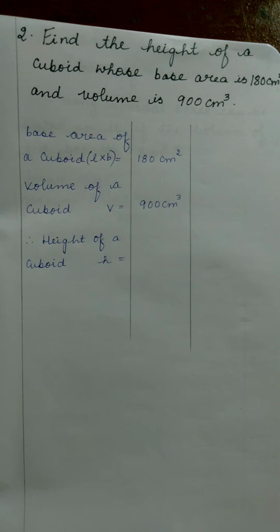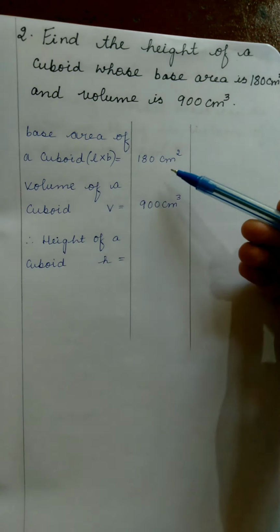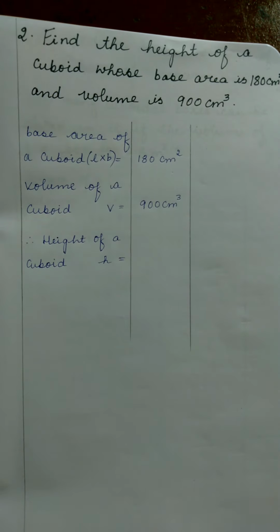We know that a cuboid has a rectangle as its base, and hence the area of the rectangle will be equal to length into breadth. Therefore, we have the base area of the cuboid, that is length into breadth, equal to 180 centimeter square. Then the volume of the cuboid is given, that is equal to 900 centimeter cube. We need to find out the height of the cuboid.